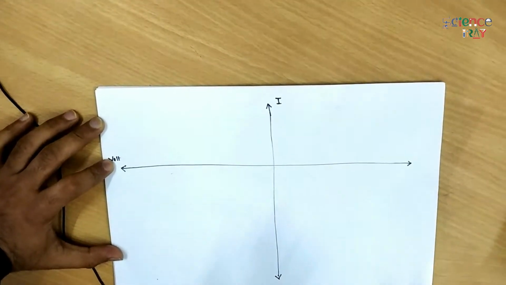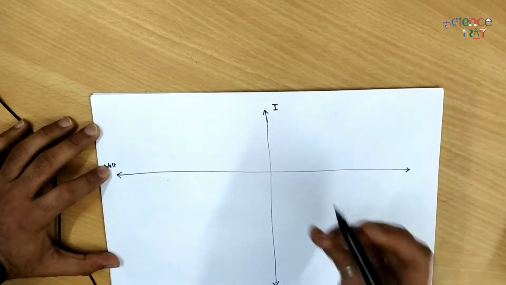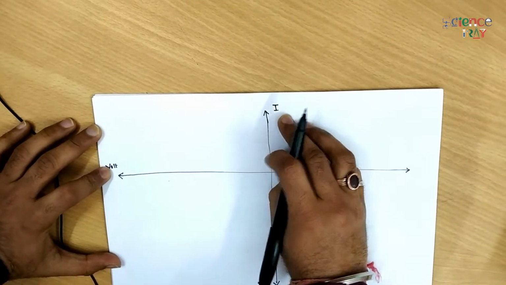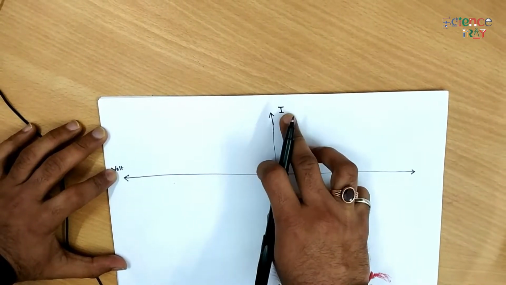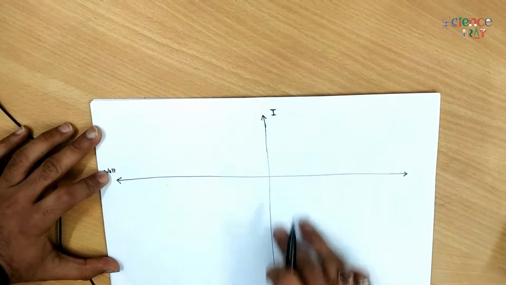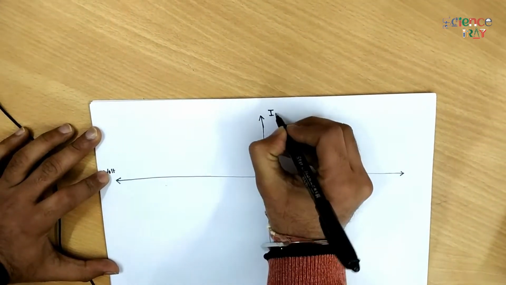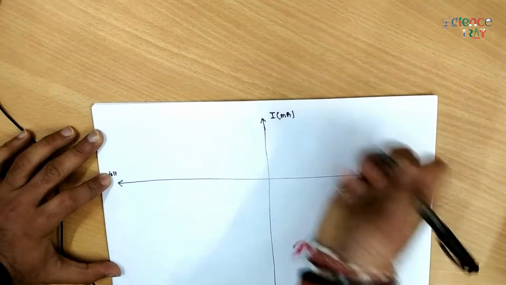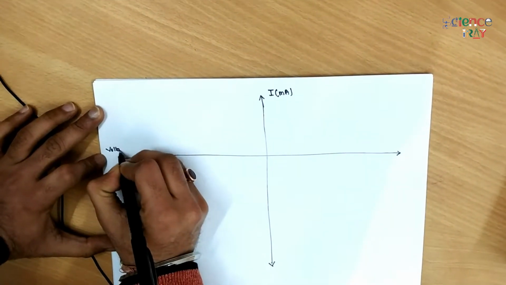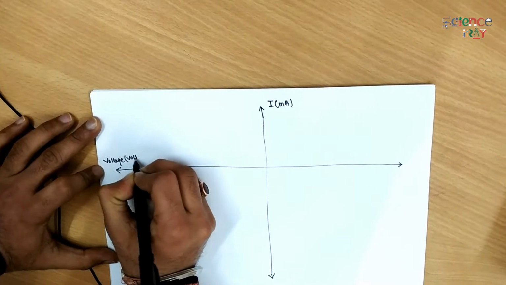As we increase the voltage, we shall measure the effect of the increment of voltage on the current, so we take current on the y-axis in milliampere and voltage on the x-axis in volt.